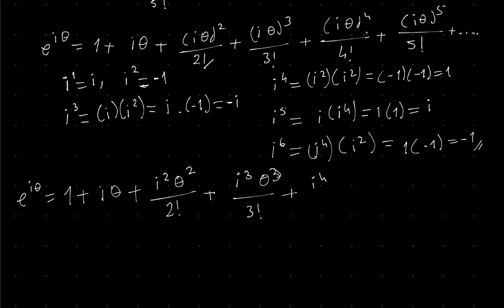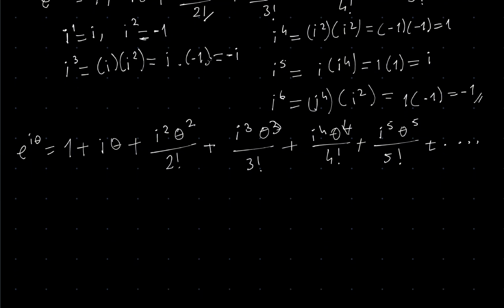I'm just multiplying this exponential with these values, because there is I to the power of 1, theta to the 1, and I multiply with this. It's simple, that's why I'm doing this fast. And let's not forget the 5: I to the 5, theta to the 5 over 5 factorial, and it goes on like that.